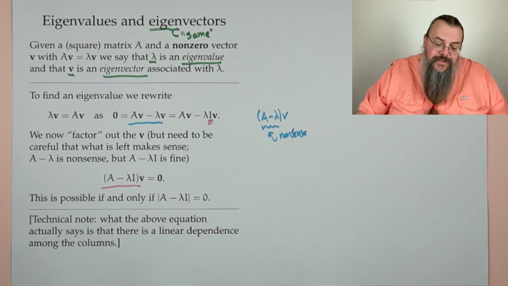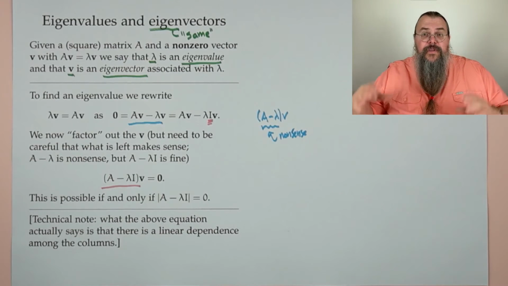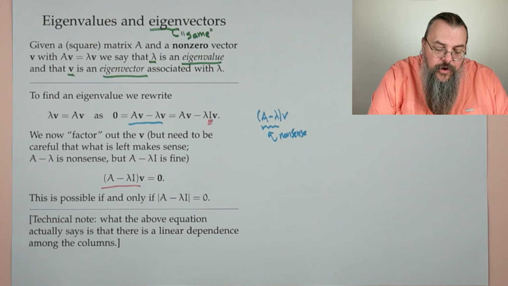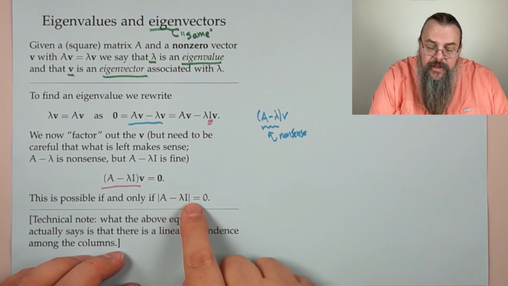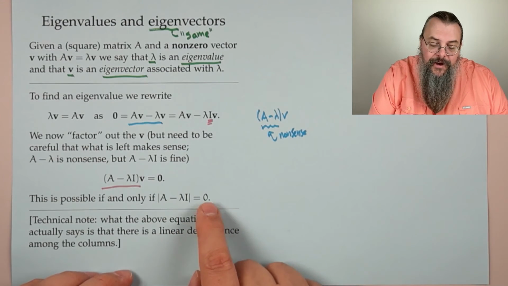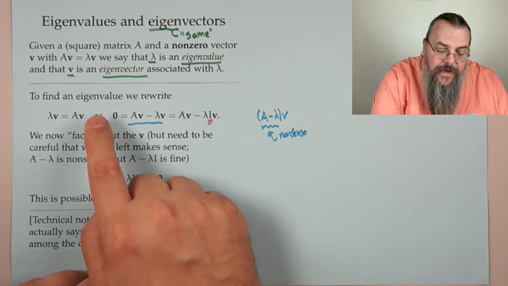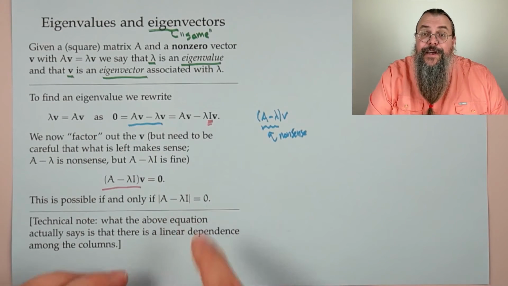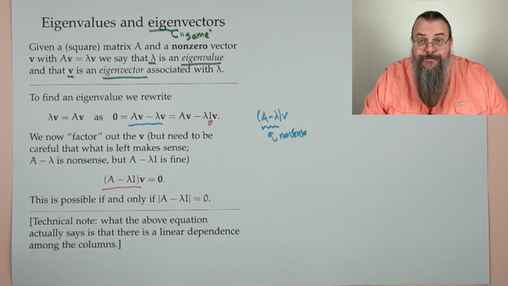Well, there are lots of things that are wrong, but the simplest thing for us is to say, if you look at the determinant of this matrix, so that's what the bars mean, the determinant, it must be 0. All right, so here we go. When we want eigenvalues, we want the determinant of A minus lambda I to be 0.